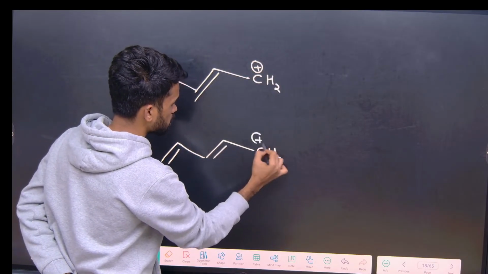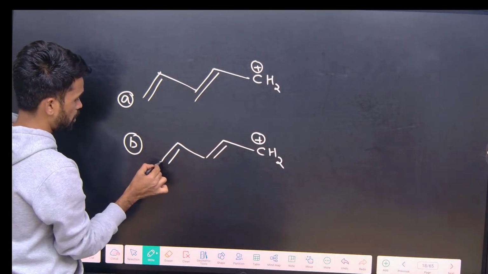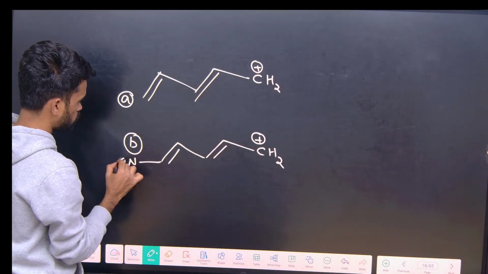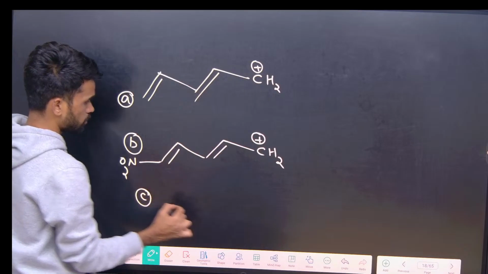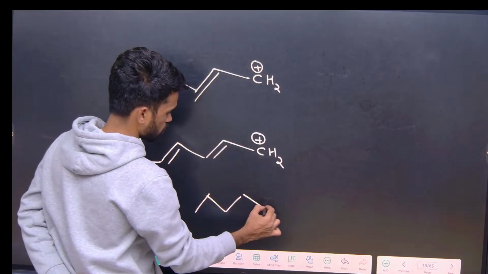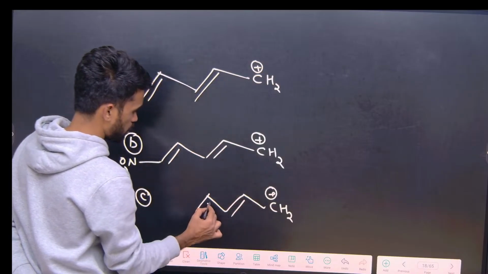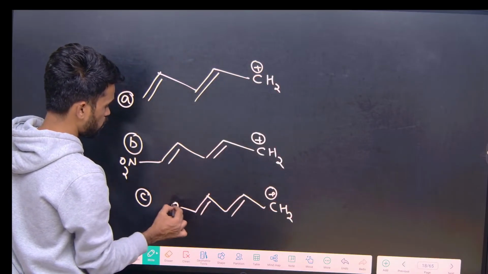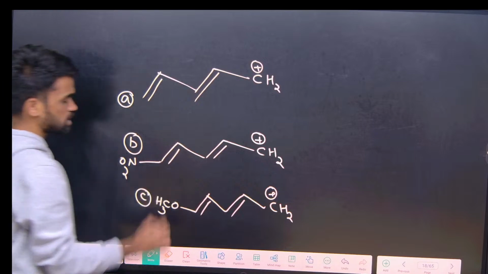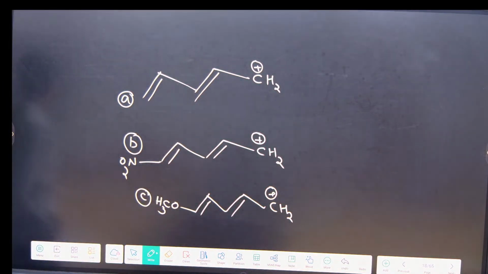CH2 plus, and this side I am adding NO2. Option C, CH2 plus, double bond here, and here I am writing OCH3. Now tell me which is the more stable carbocation out of these three.